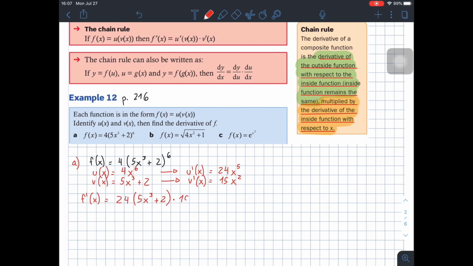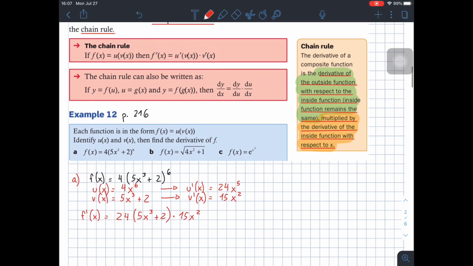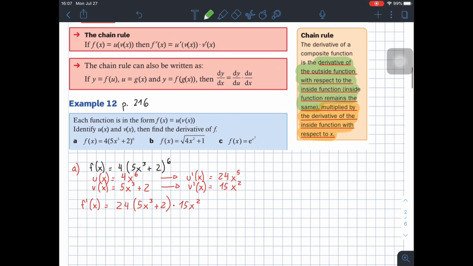So times 15x squared. Let me write this using the same color notation just to show you. What I did here is exactly what is highlighted in green over here.